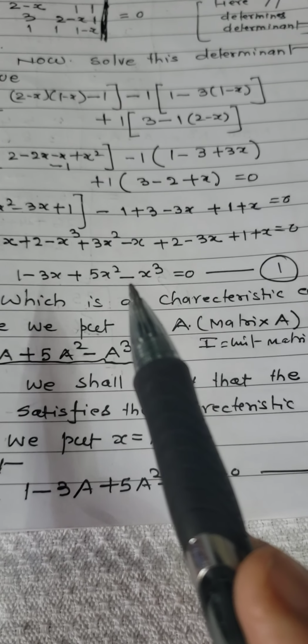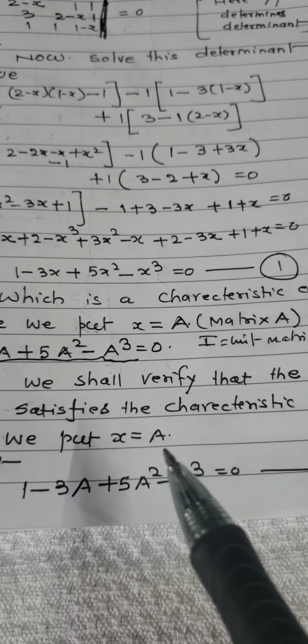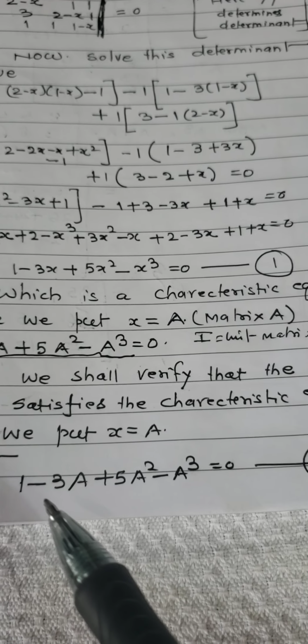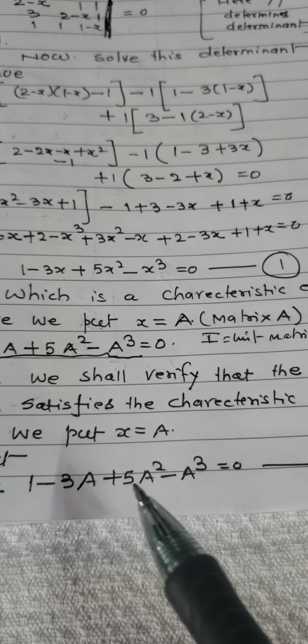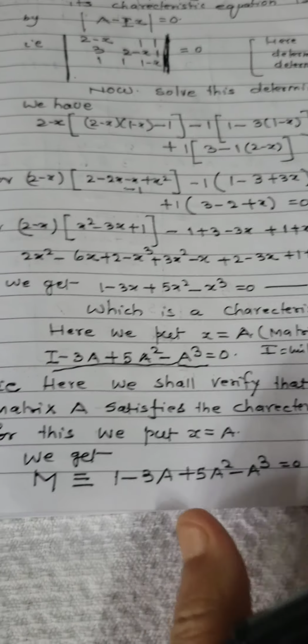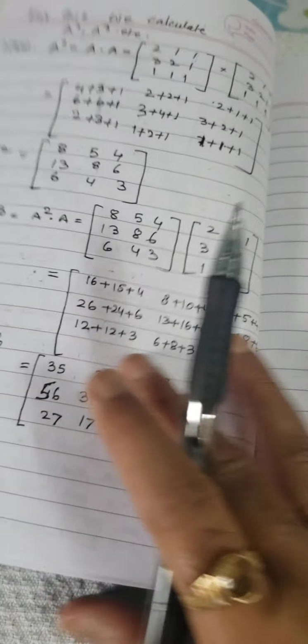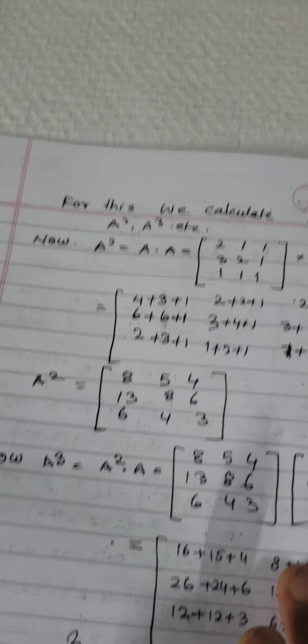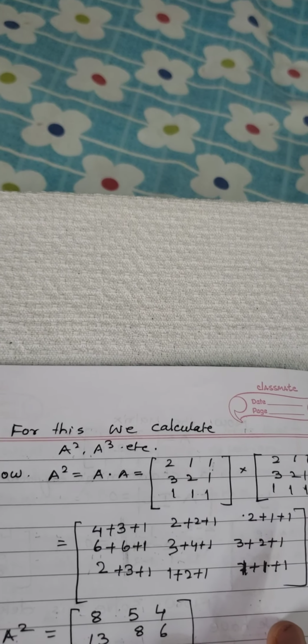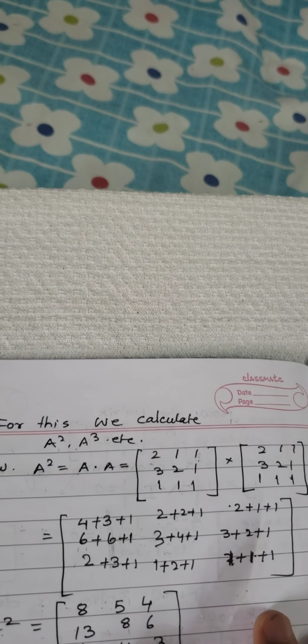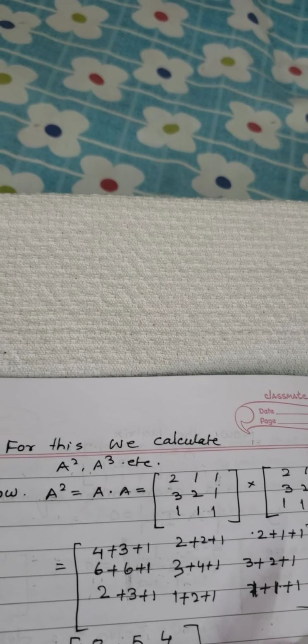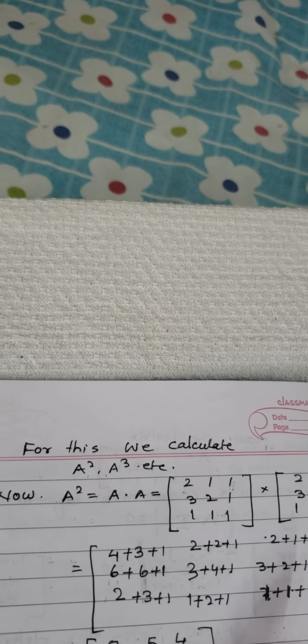Now in equation number 1 we put x is equal to A, we get I minus 3A plus 5A square minus A cube is equal to 0. Now the question arises, we find A square and A cube. A is already given, so how can you find A square?